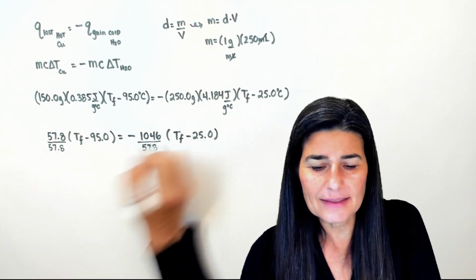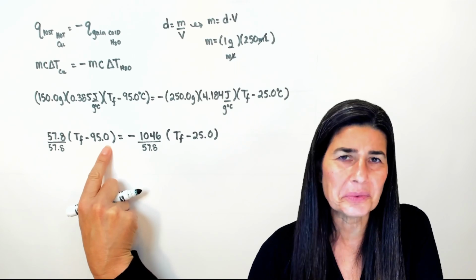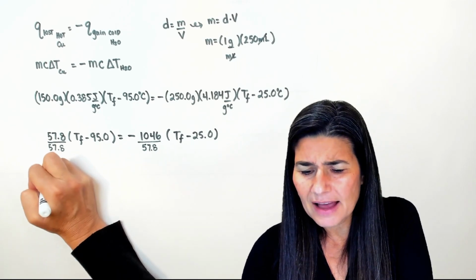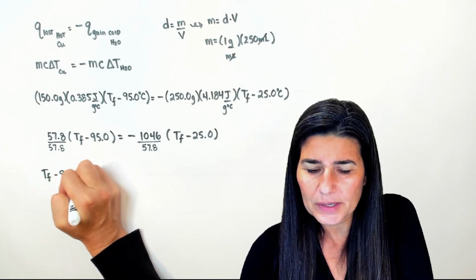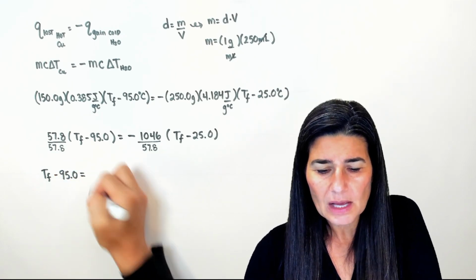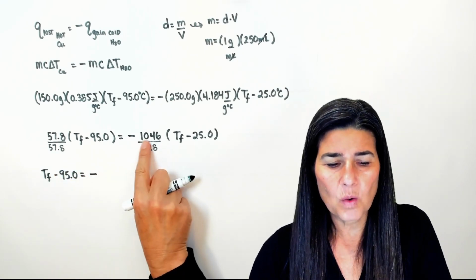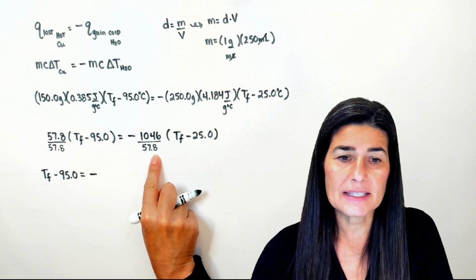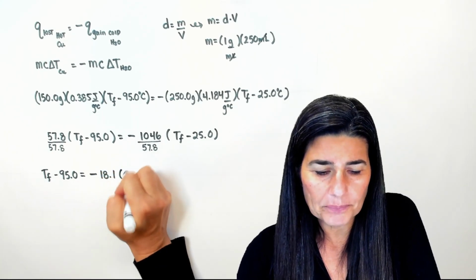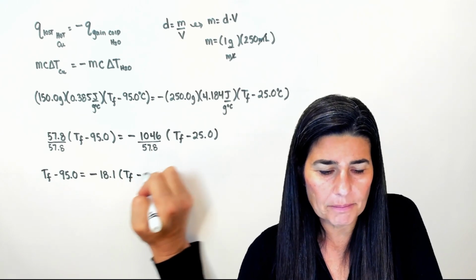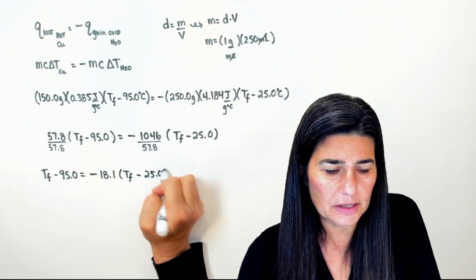If I do that, that leaves this side of my equation really nice. All I'll have over here is T final minus 95.0 equals a negative. And if we do 1046 over 57.8, we have negative 18.1, and then we have T final minus 25.0.